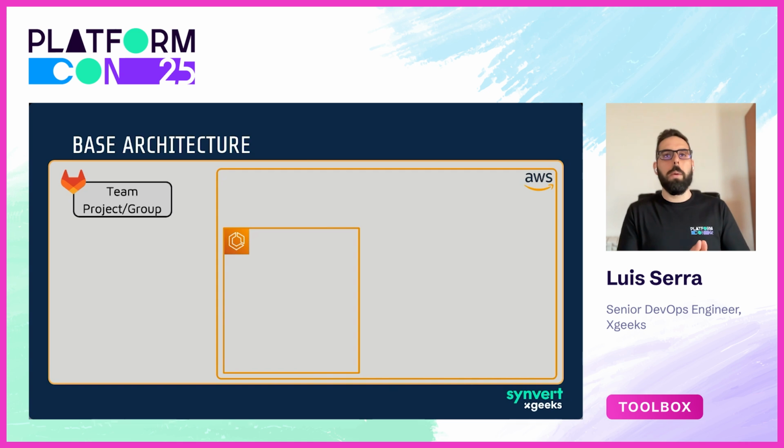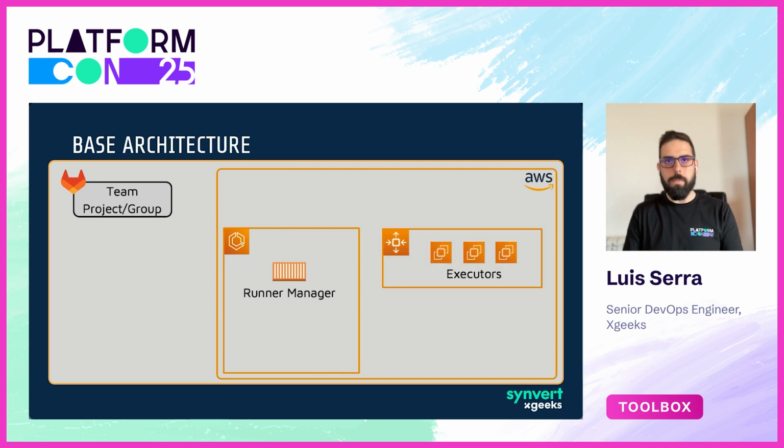And our solution works with Elastic Container Service in order to have a place or a service where we can run our runner managers. The main responsibility of a runner manager is to register against a team, project, or group with a certain set of tags, and be up and ready, waiting for new jobs to be triggered.